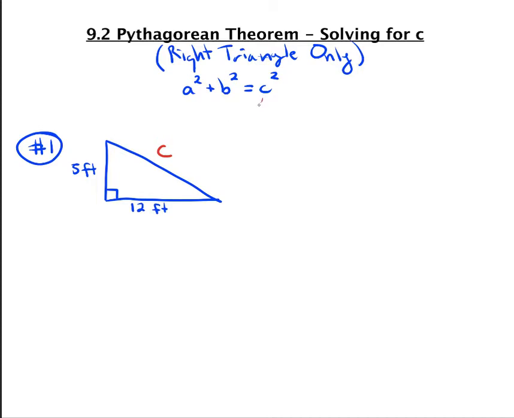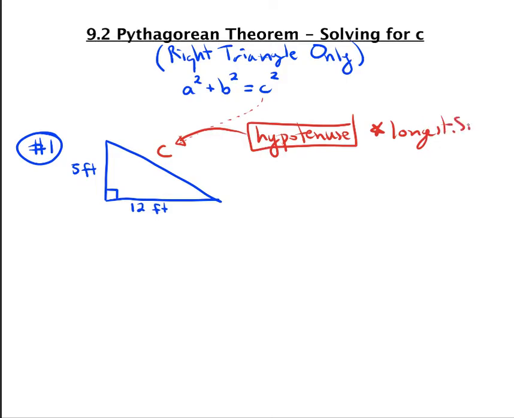And this C right here is always the longest side. So that right there, what we have a special name for because it is the longest side, is called the hypotenuse. Hypotenuse. And that hypotenuse, let's put a little star over here, it is the longest side.